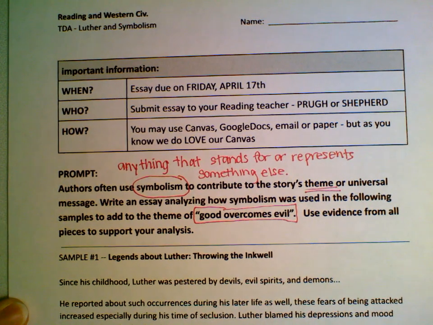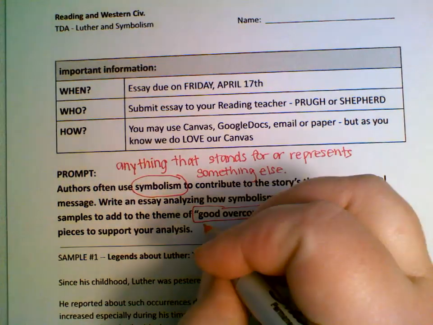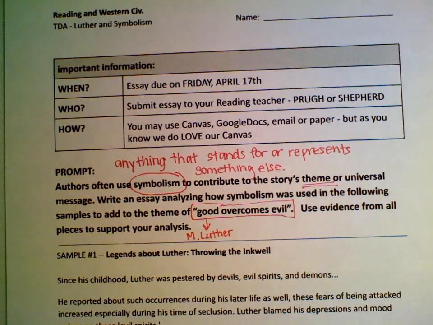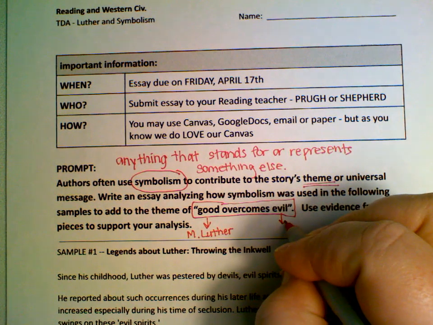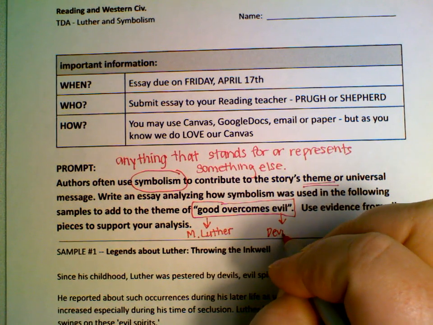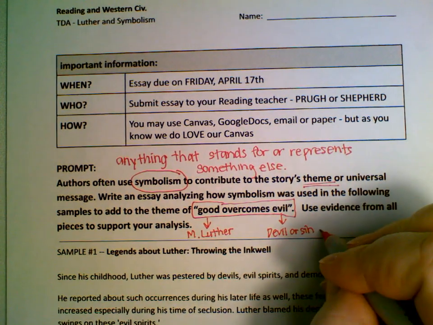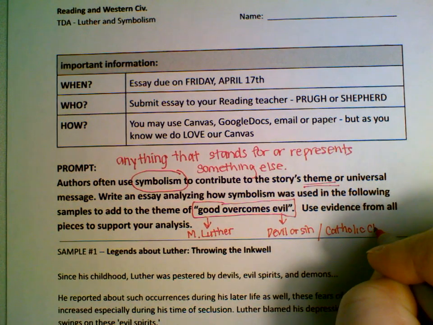Okay, so if we're looking at three different examples of Luther's work, or information about Martin Luther, we're going to assume in this case that the good is Martin Luther. And we're going to assume that the evil in this case is either maybe the devil or sin, maybe even the Catholic Church.